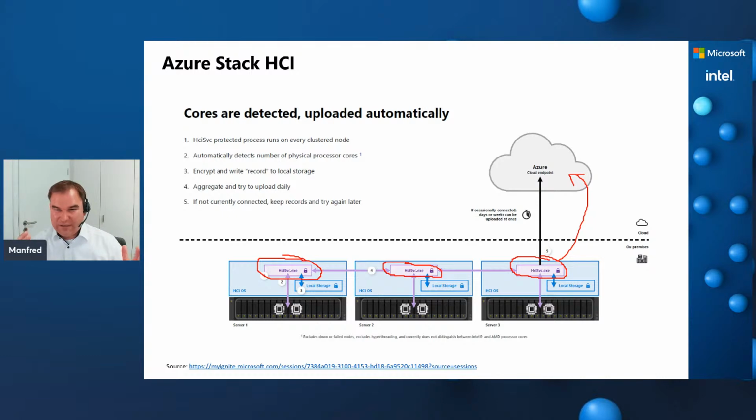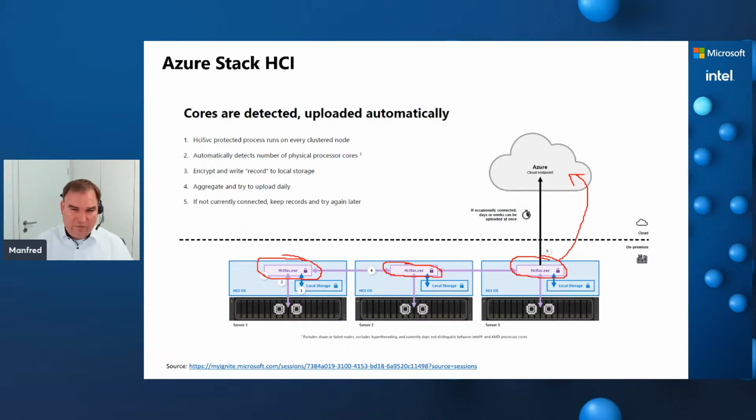So Azure does not know about the physical cores you have bought for the server. It only knows about the active physical cores. Let's imagine each of these servers we see here has 20 physical cores, so 10 in each socket, 20 cores in each server. This means 60 cores in this cluster.